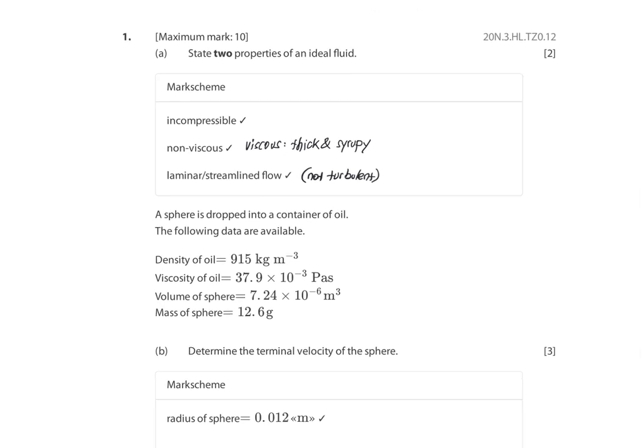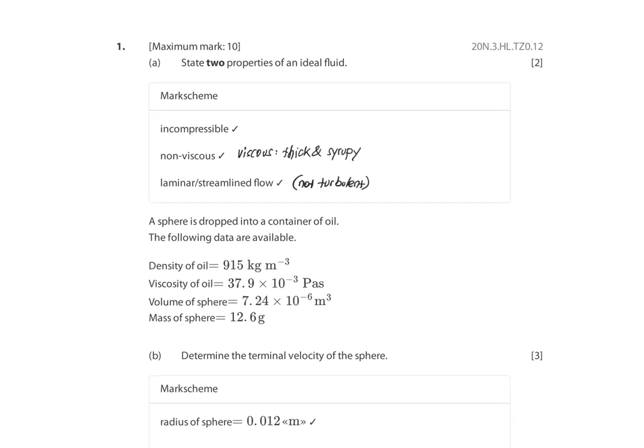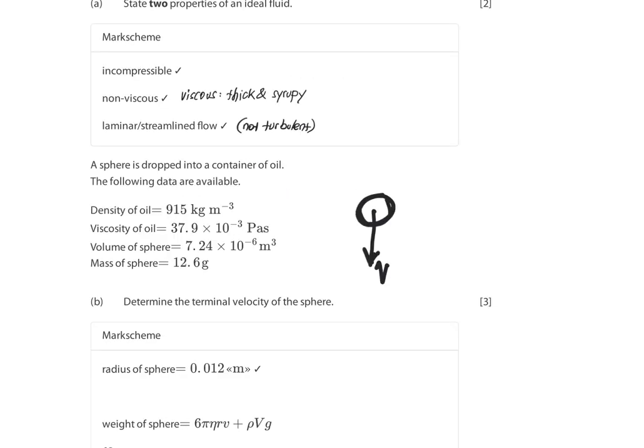Okay, fine. Then it goes on to say, a sphere is dropped into a container of oil, and the data are available: the density of the oil, the viscosity of the oil, the volume of the sphere and the mass of the sphere. Then it says determine the terminal velocity of the sphere. We have a sphere falling downwards through oil, and friction will oppose motion, so the drag force is going upwards.